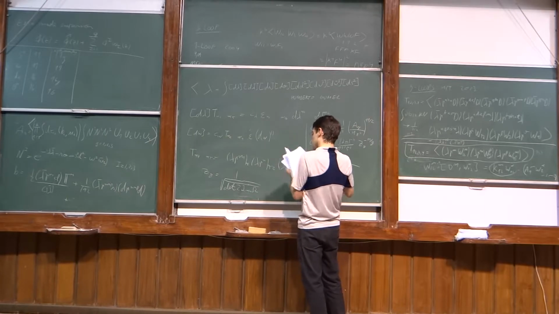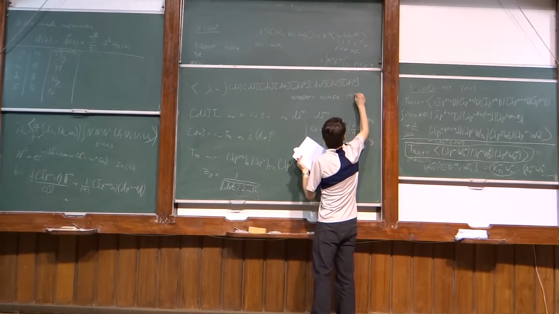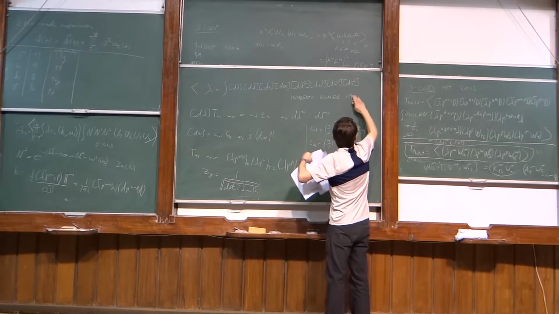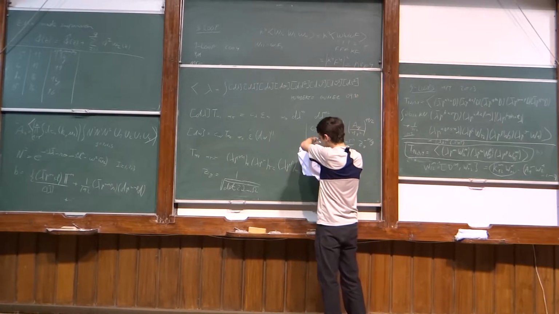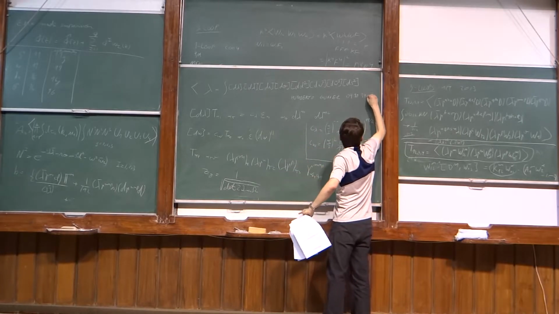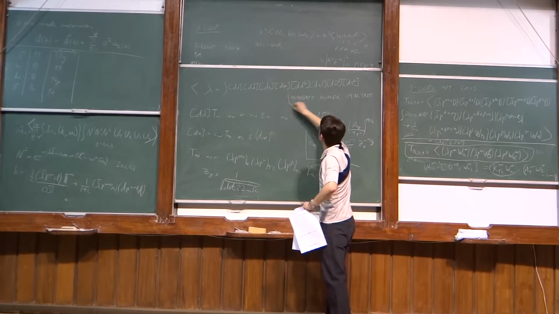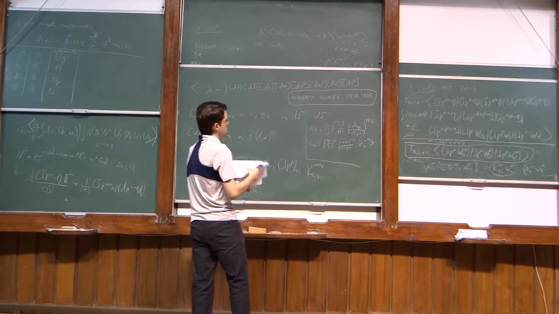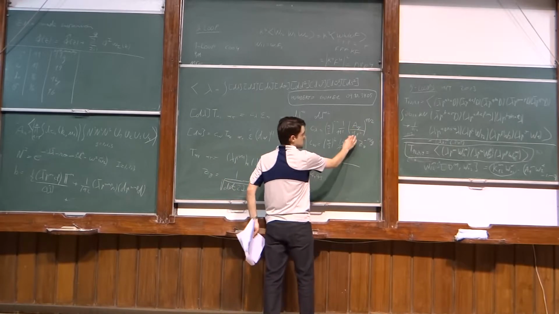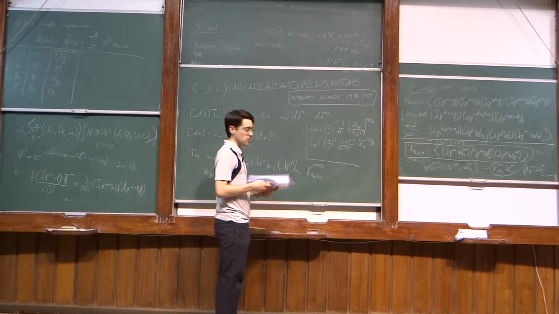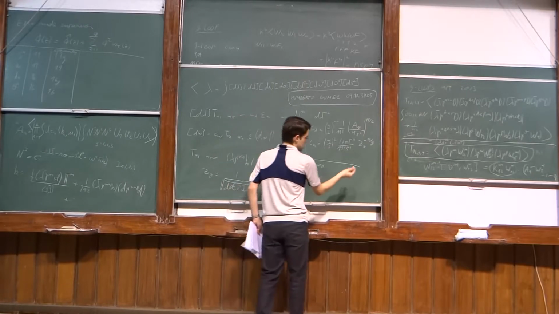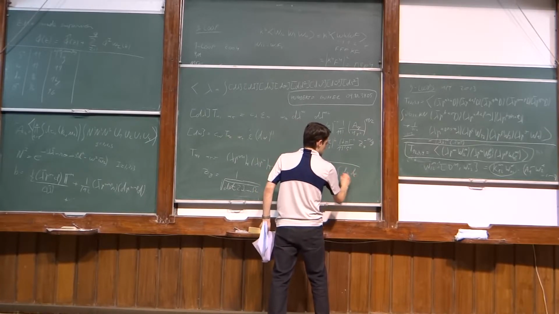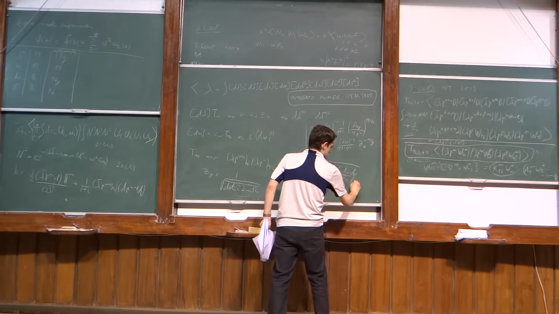I should also mention that this 4 pi squared is related to the measure factor of a quantum mechanics phase space, where you have some x over square root of 2 pi.